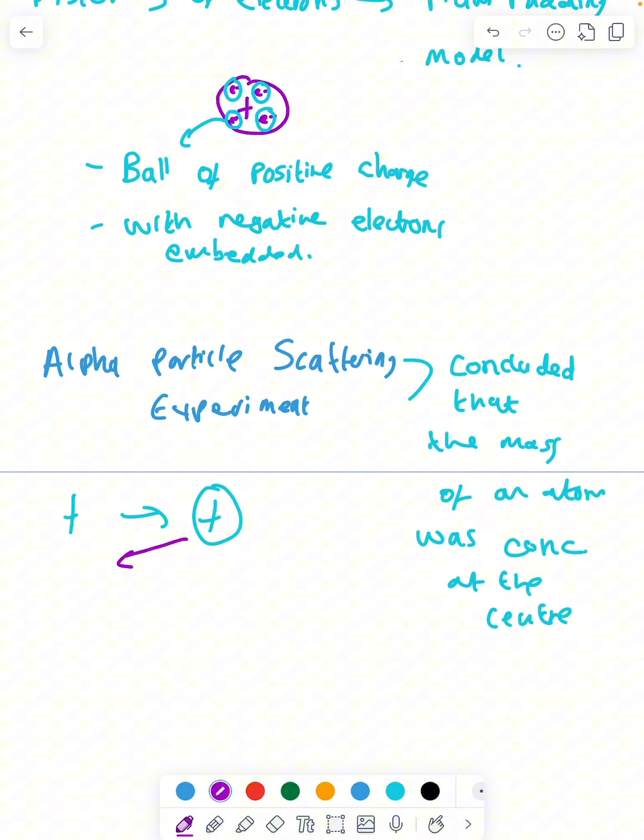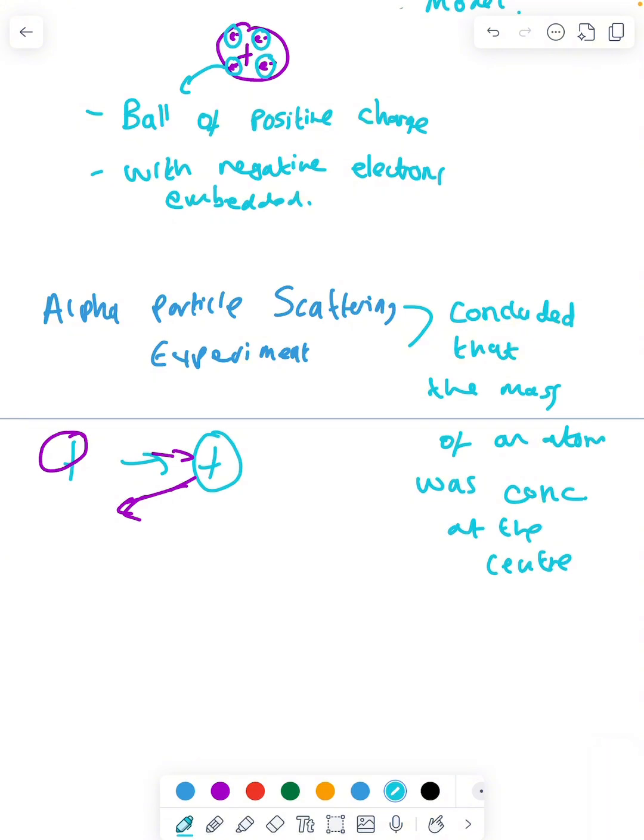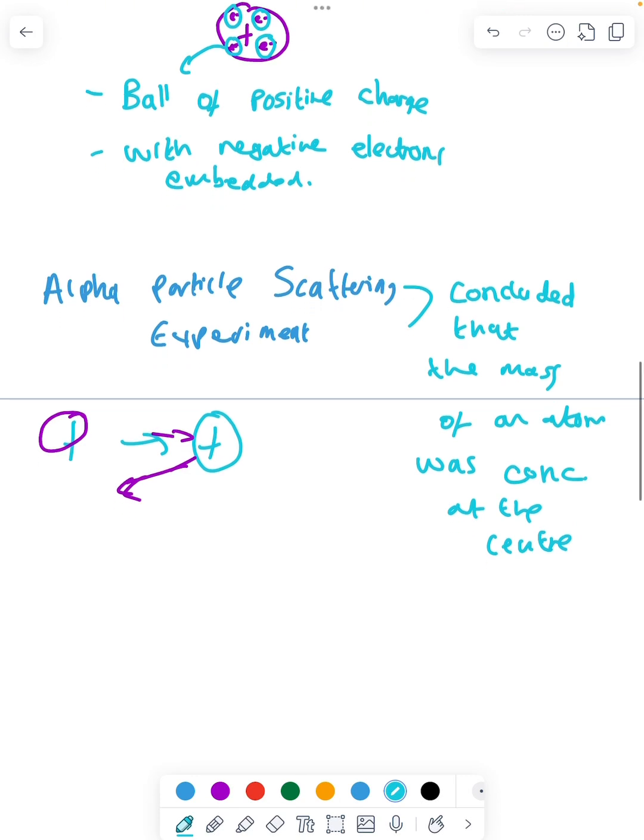So the positively charged alpha particles were scattered and bounced straight back. That told them, hang on, there's a small concentration of positive charge in the middle, and that's our nucleus. So positive alpha particles were thrown at the center of the atom, they bounced back, and that told us the nucleus was positive as well.